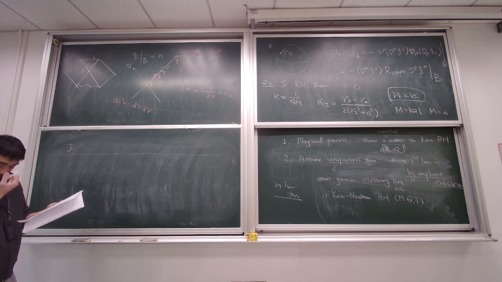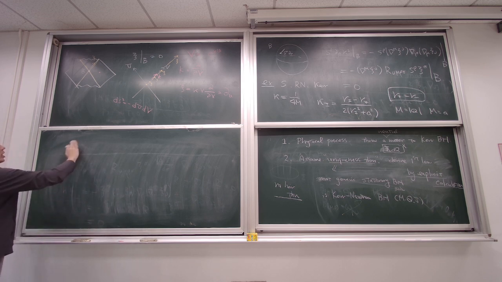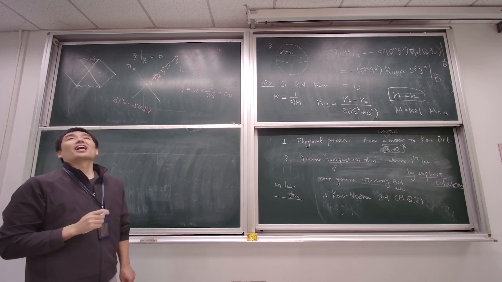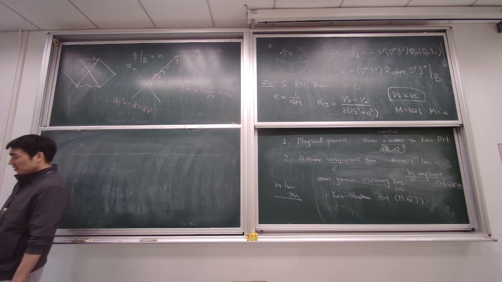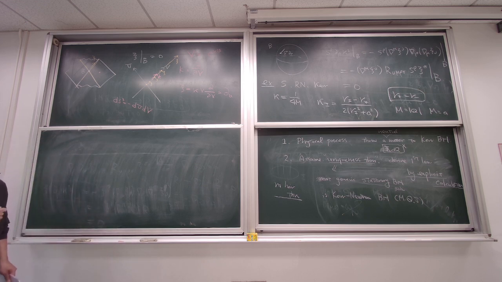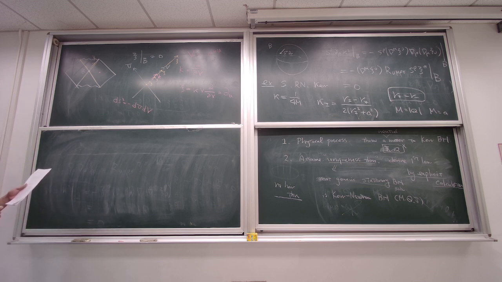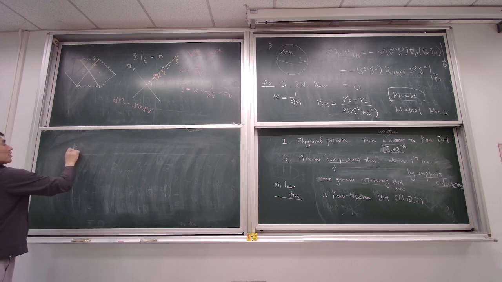I should use a different letter. I use J for current, but it's better to avoid it. What kind of symbol would be better? Let's use maybe capital K. Okay, let's use capital K.